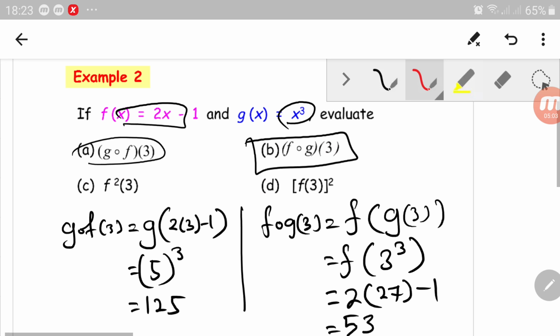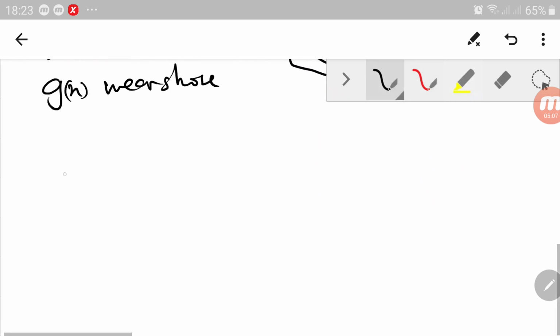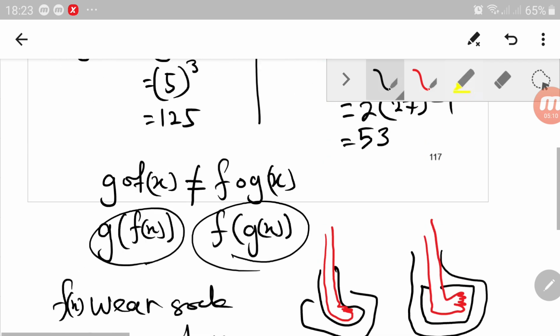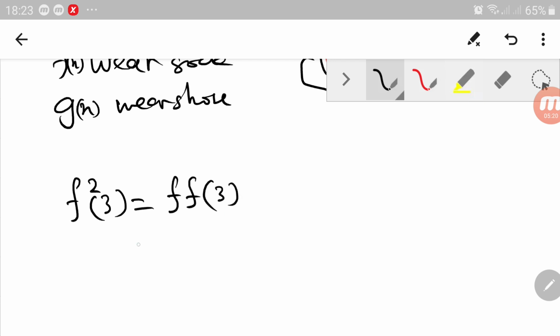Now let's proceed. f squared of 3 and f(3) squared. f squared of 3, sometimes they call it f square, equals f(f(3)). So it means that we have 3 inside f, inside another f.